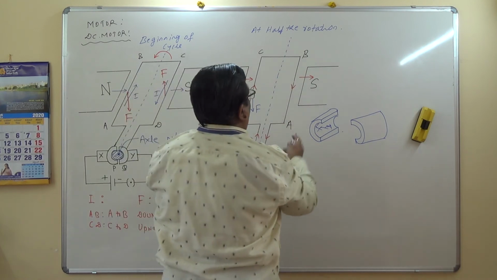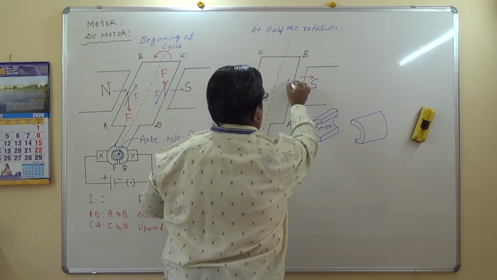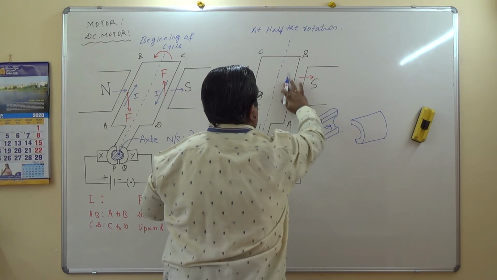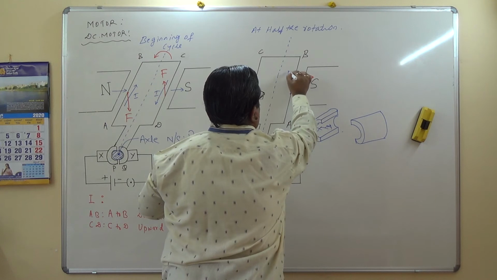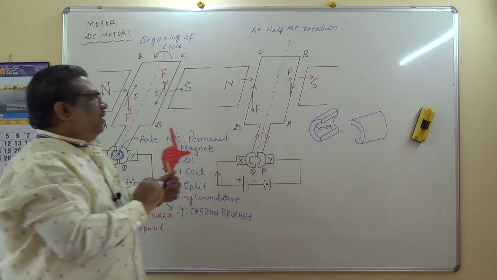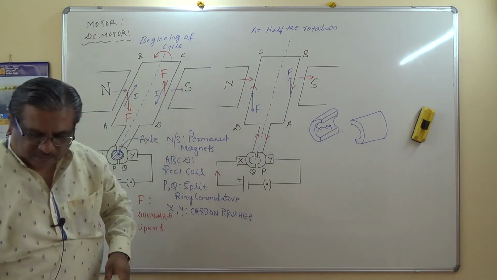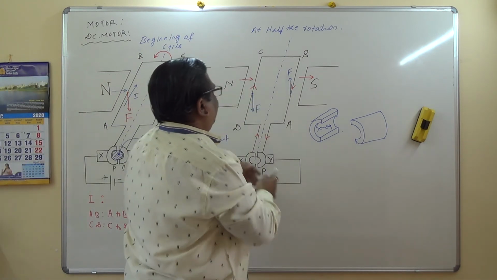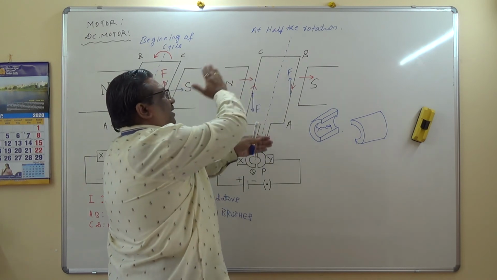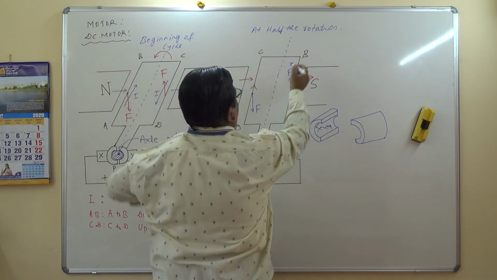So this is the upward force. Meaning, here also arm DC is moving downwards, arm AB is coming outwards. That means it is once again rotating in the same direction as the first case.